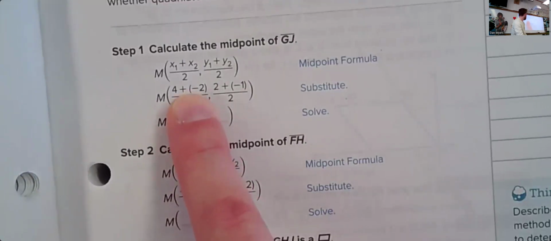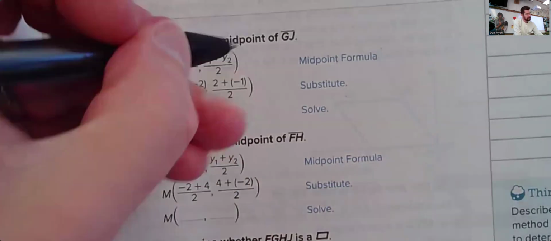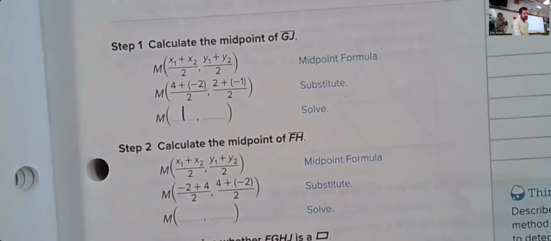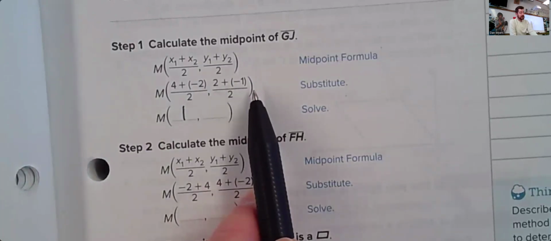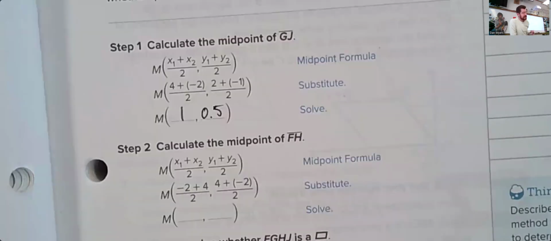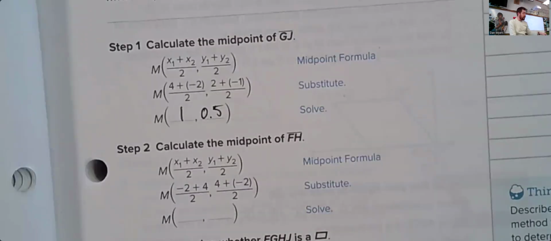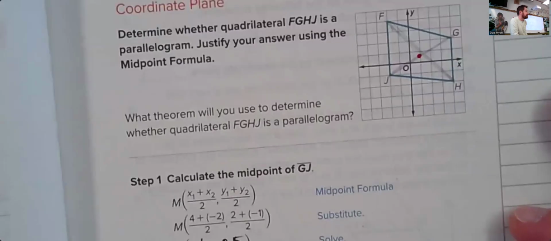Or 4 plus -2, sorry. 4 plus -2 is 2. 2 divided by 2 is 1. So the midpoint of GJ is at 1. Let's see. 2 plus -1 is 1. 1 divided by 2 is 1/2 or 0.5. So that means that the midpoint of GJ is at 1, 0.5, which is right there.